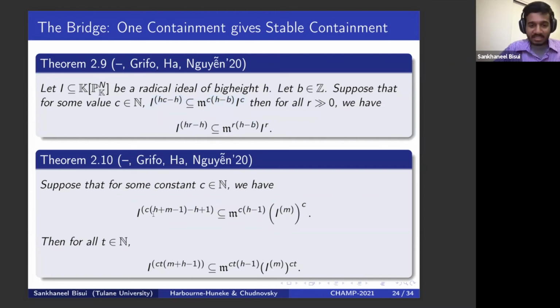In a similar fashion, we could generalize a little bit more what we could prove. If for some constant c this particular containment is true, then for all t in natural numbers, we can prove this somehow weaker stable version is also true.